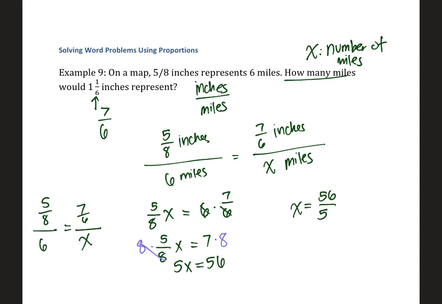If I converted that to a mixed number, which is the same as this, so this would be 11 1/5 miles, that tells me a lot more, right? 56 over 5, I'm not sure how long that is. 11 miles, that's something easier for me to understand. But again, it is common to leave your answer as an improper fraction. However, you do need that unit, either way that you put it.